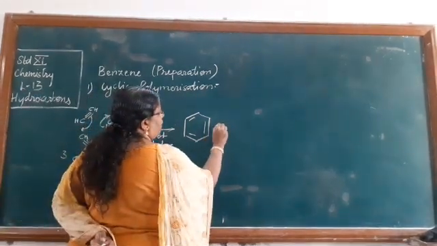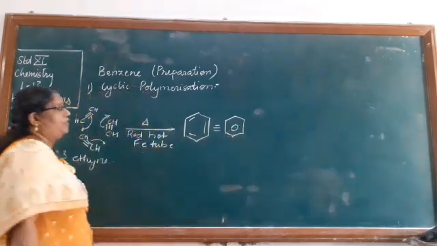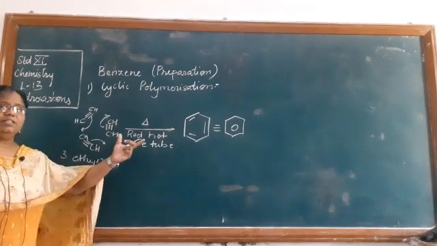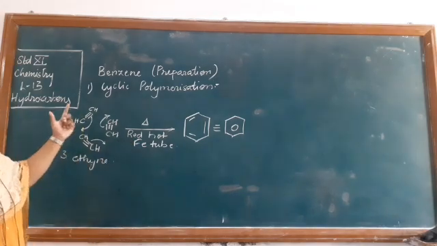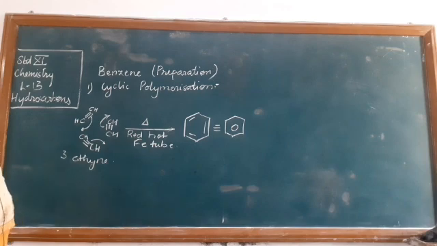Either this way or we can write it with a structure of this kind. So this is how benzene is obtained by the cyclic polymerization of ethyne molecules. This is the first method for the preparation of benzene.